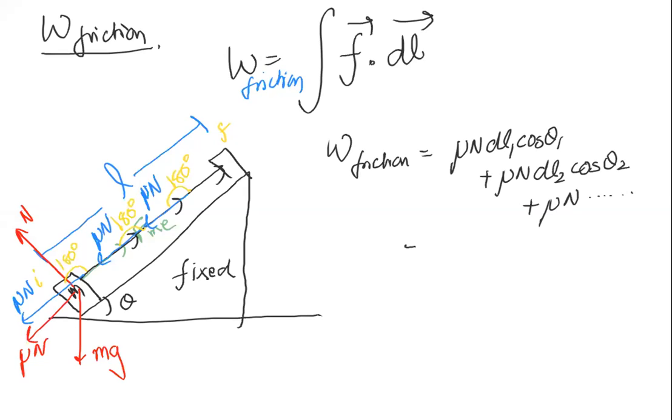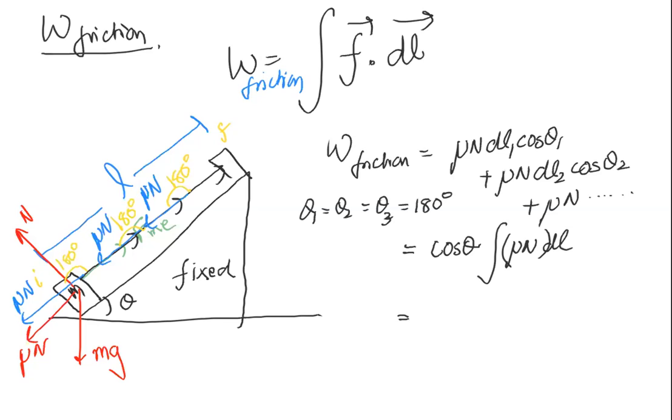But what is so special here? Cosine theta I can take common because the angle between the force vector and the displacement vector always remains constant, right? So I can take this theta common and I will be left with a standard integral. In fact, this is even better because this mu n is constant.